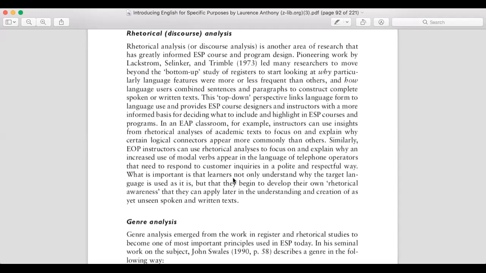But through rhetorical analysis you will construct ESP for them that will help them in conversing politely with their customers, okay. They might make use of some vocabulary, some styles also, to improve their communication skills.